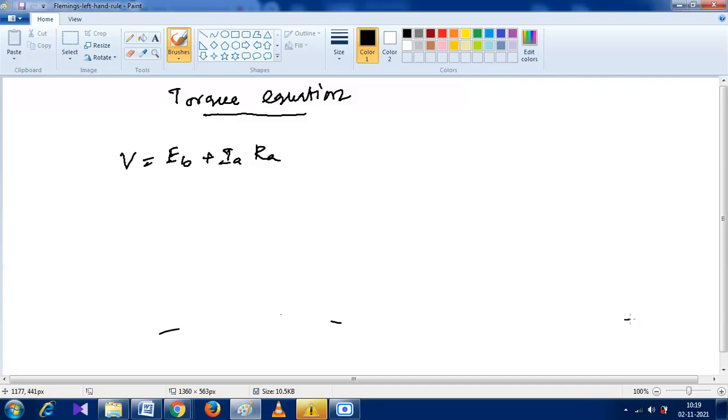If we multiply this equation by IA on both sides, what do we actually get? Tell me.